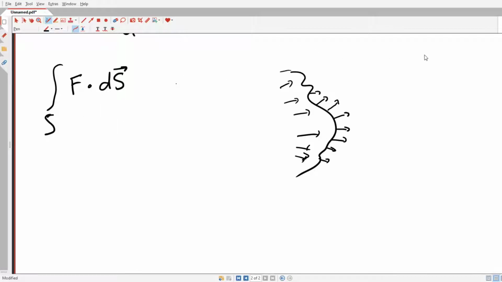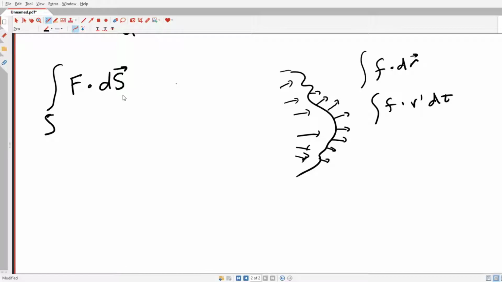This is similar to our integral of f dot dr, where r was a vector. Remember, this was the same as f dot r prime dt. So really writing it this way was more of a notation thing than anything else.